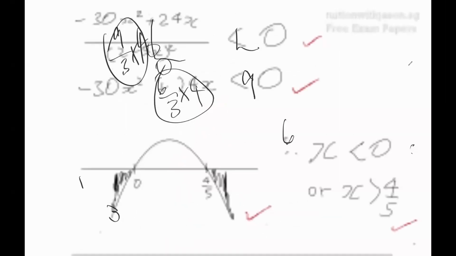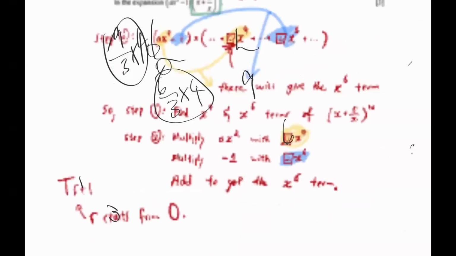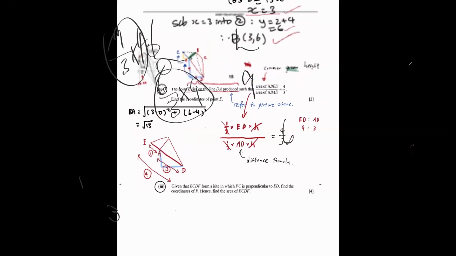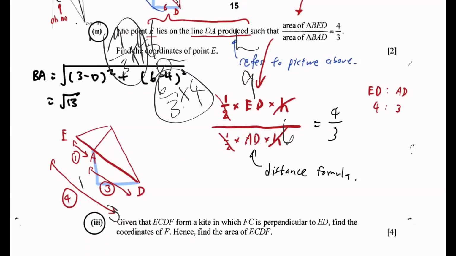Wait, why do we need the distance? Maybe we don't need it. Actually, you know what? Yeah, we don't need it. Sorry. No, 6 over 3 times 4.